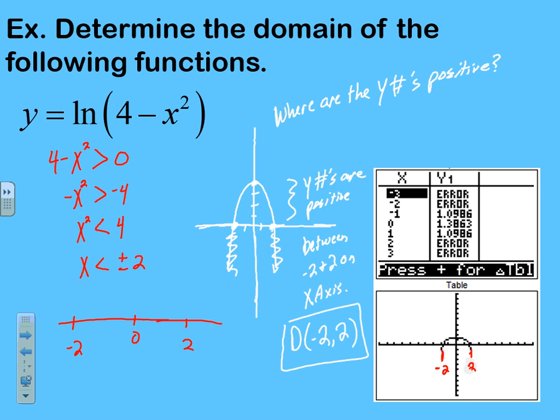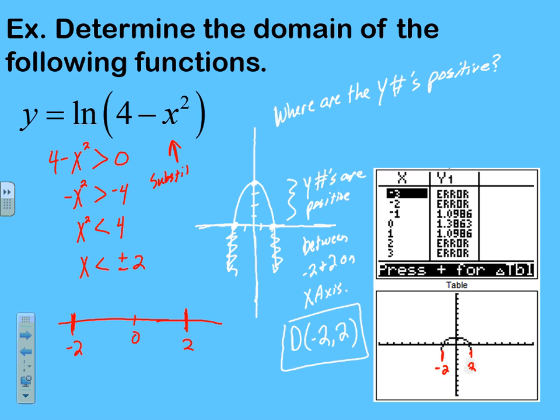We know that the domain, algebraically, is going to have something to do with the -2 and the +2, but algebraically by itself, unless we do the graph, we don't know if the domain is going to be in between the +2 and the -2, or if it's going to be everything but what is in between the +2 and the -2.